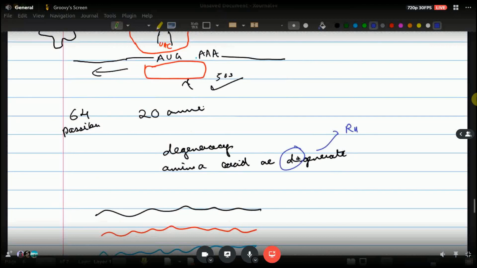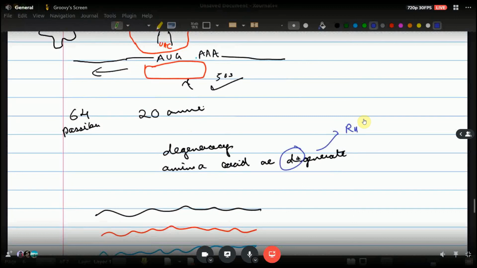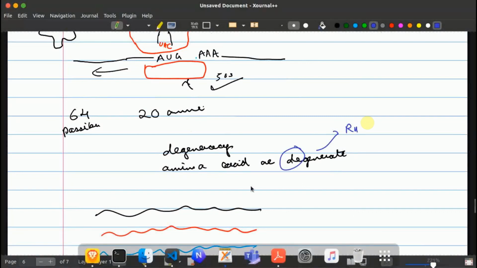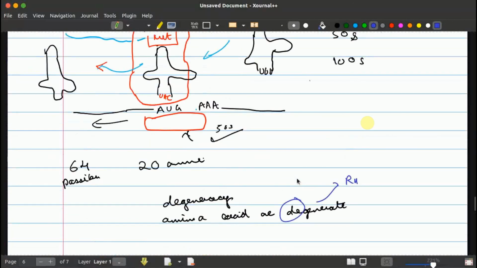So AUG has a dual function, which you already know. And this code that we know is universal. No matter what organism you're looking at, AUG will always give you methionine.